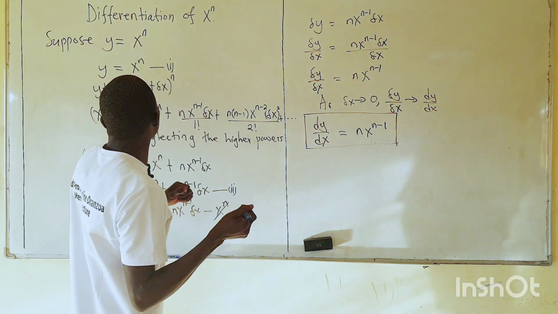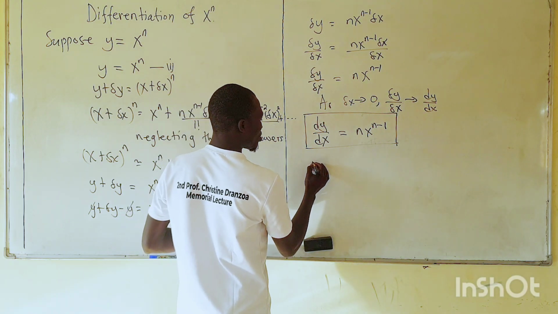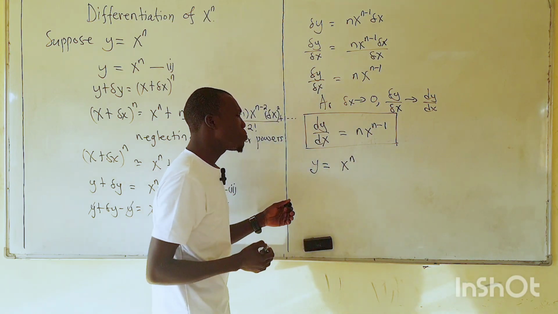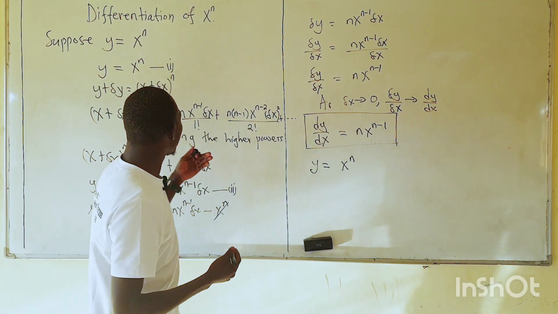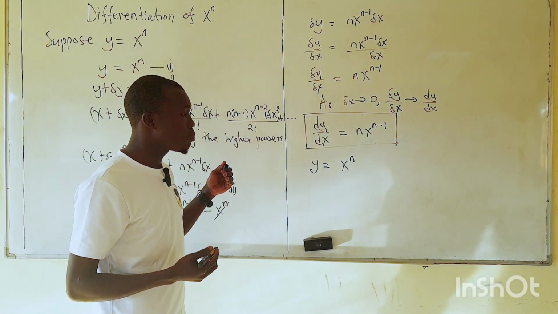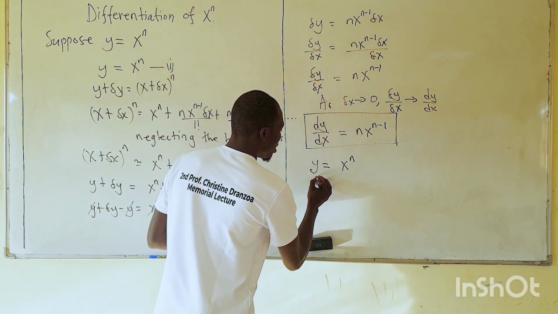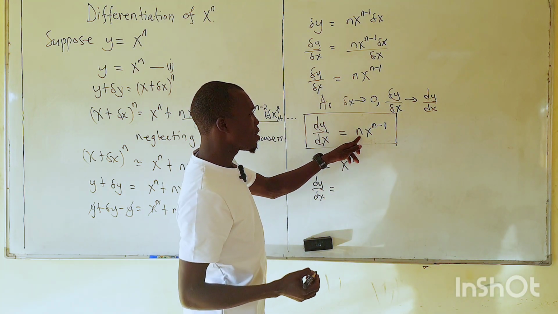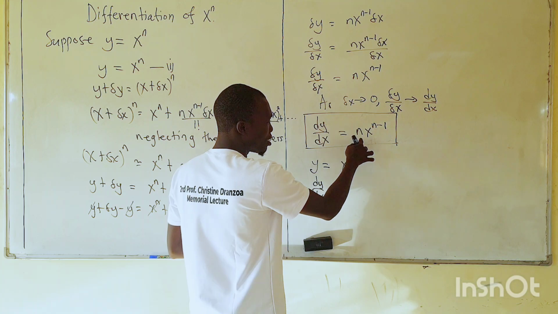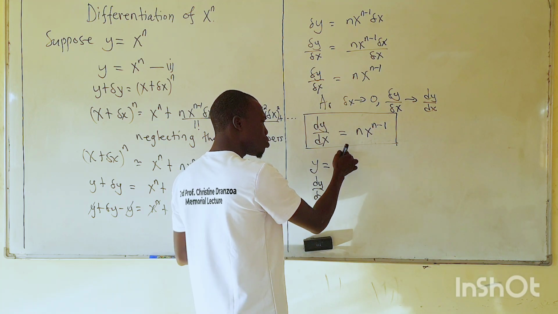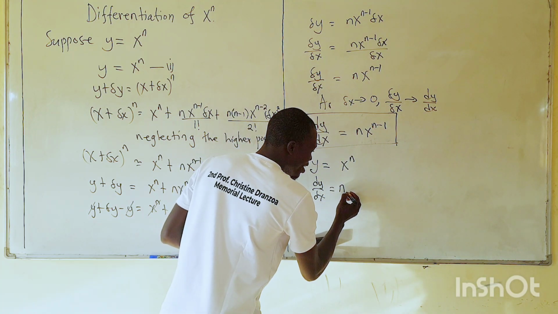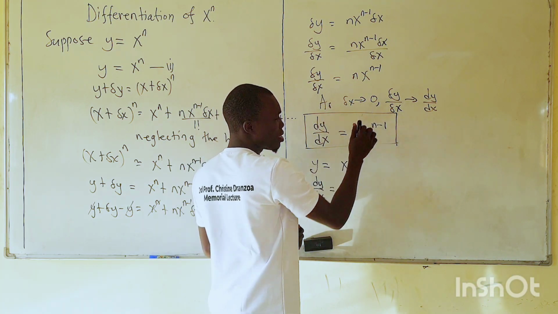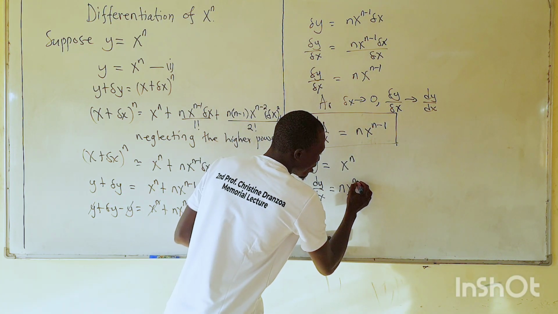It means if our function was y is equal to x^n, and you want to differentiate without using first principle, then dy/dx is equal to n x^(n-1). We drop the power down, we have n, then x, and we reduce the power by 1, so it will be n minus 1.